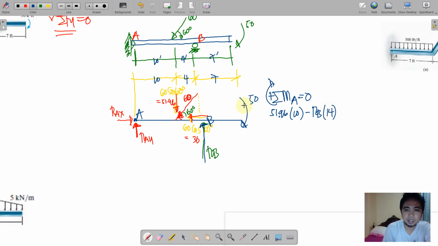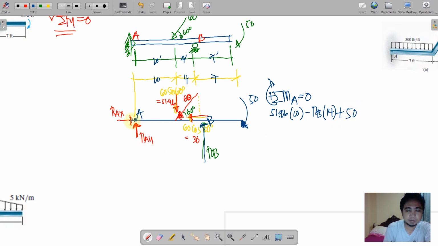Okay? And then this couple, do not bother yourself in seeking for the distance kasi itong 50 na to, Newton meter na yan or kips feet na yan. So, ibig sabihin, wag mo nang hanapin yung distance. It is already a couple. Okay? And a couple is a moment. Okay? So, this has an orientation of a clockwise. So, that is positive 50.